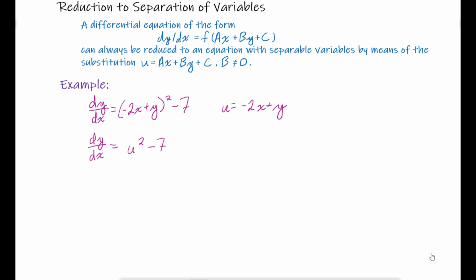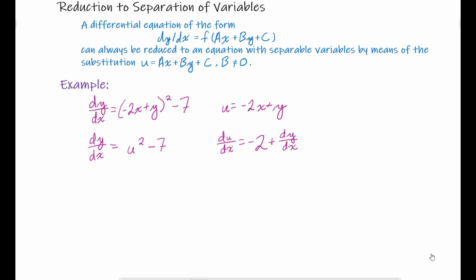Now, similar to the way we've had with all of our substitutions, it's not okay to still have dy/dx in here. We need to instead be replacing it with du/dx. So to find out what du/dx is, we're going to take the derivative of our substitution equation. So taking that derivative with respect to x, we end up with du/dx equals negative 2 plus dy/dx.